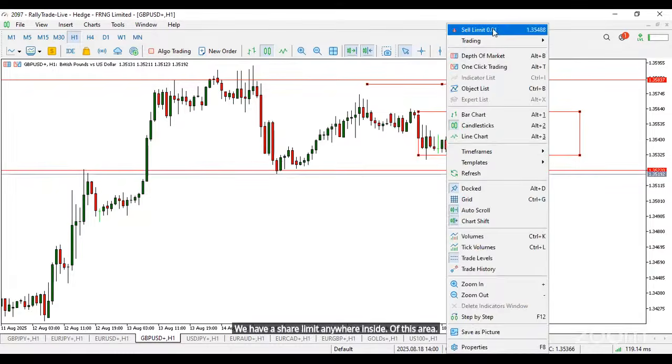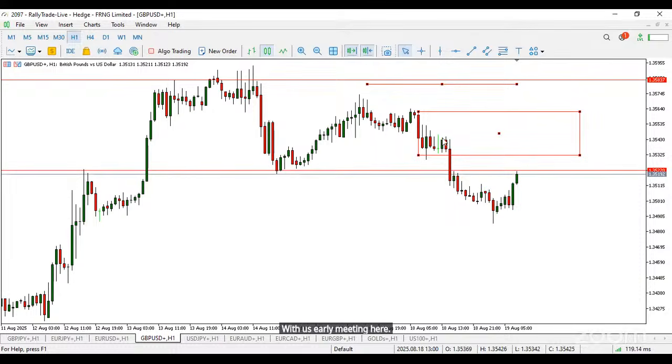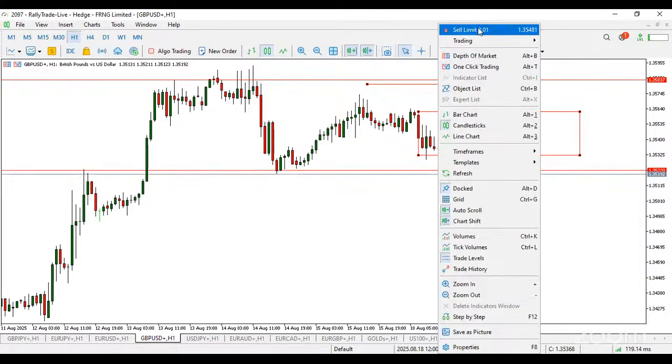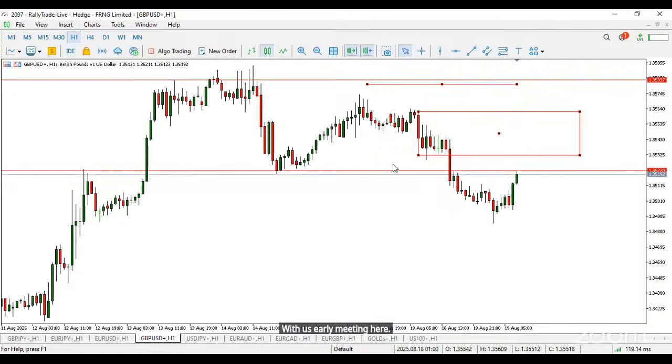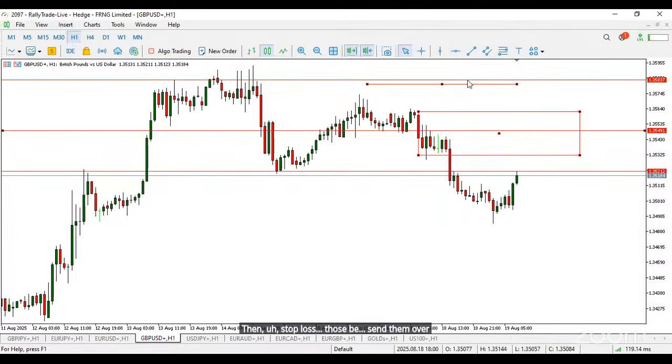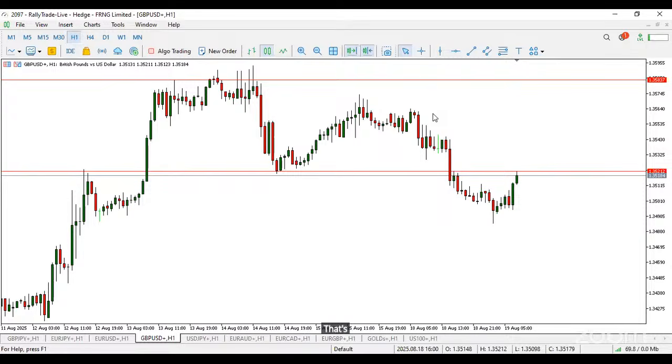Put our sell limit here. Then our stop loss is above. That's the second way to enter this.